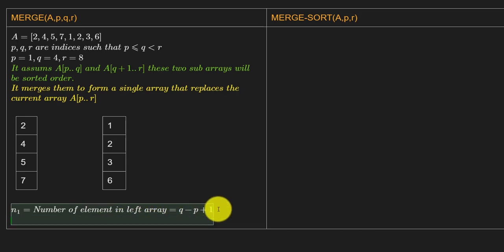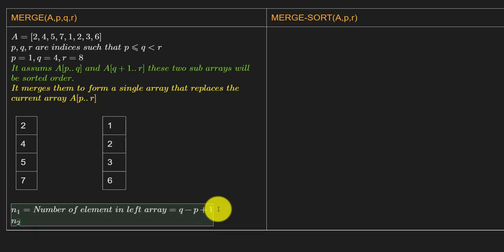Now similarly, let me define n2, which is the number of elements in the right array. In our right array, it starts from q plus 1, the fifth element, and goes till r, the last index. So it is the last index minus the first index, which is q plus 1, then plus 1.